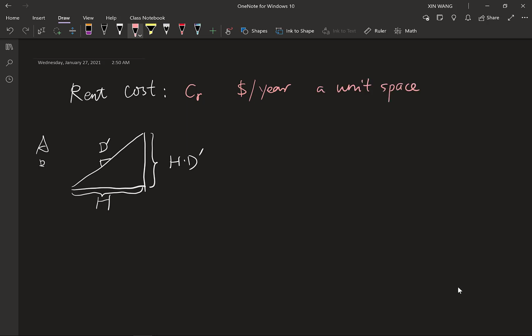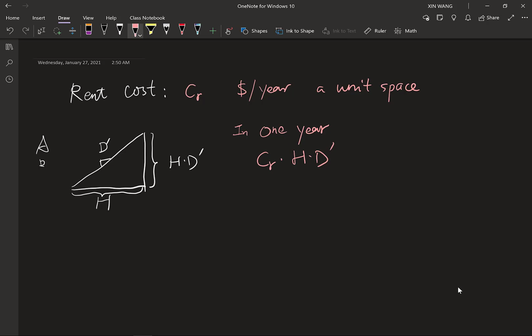So your total rent cost in 1 year: the maximum space should be at least this load size, right? So in 1 year, your rent cost should be R dollars per year times this load.